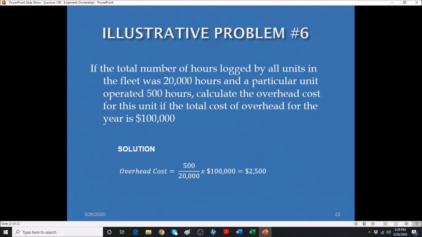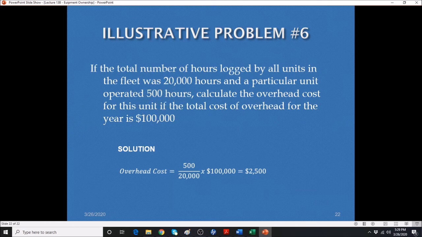Alright, and a lot of the time those overhead costs are calculated in terms of prorating. Okay, say for example on this particular problem, you have a fleet that has 20,000 total hours logged, and for that particular unit or equipment, it logged 500 hours.